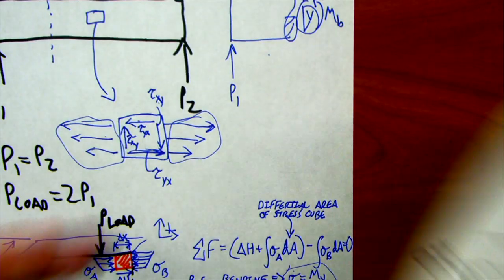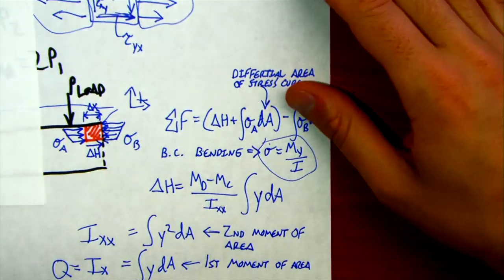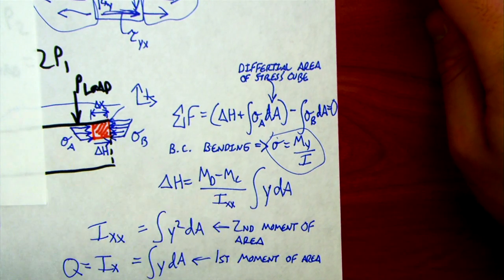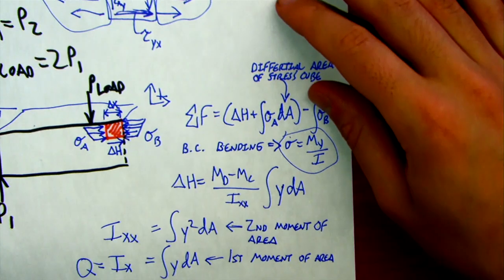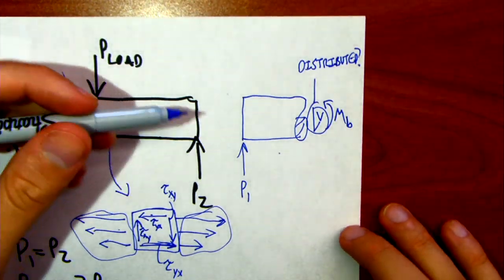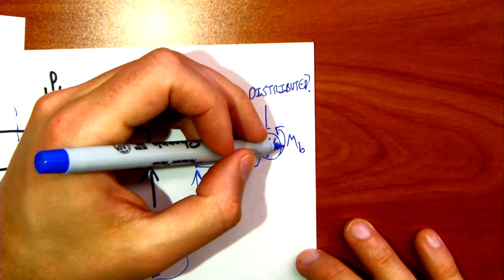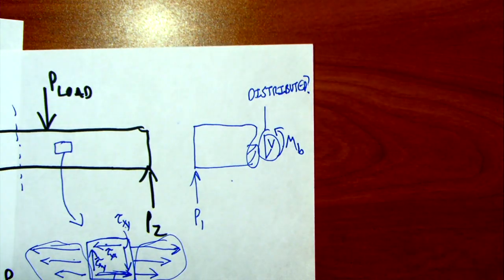Not quite. We got the I in there from bending, right? So it would be an x. It'd be the same I that would correspond to computing the stress from that bending moment.